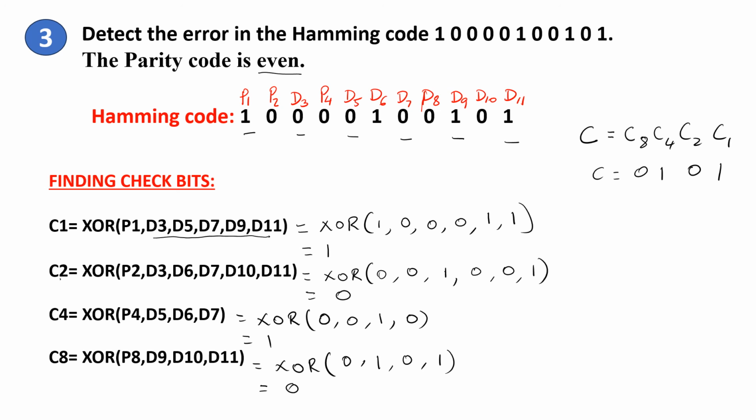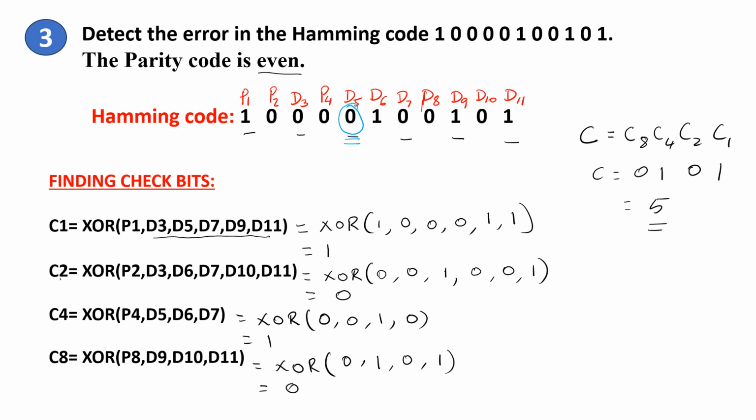The decimal equivalent of this is 5. So that means there is an error in the fifth bit. So this is the fifth bit. So there is the error in this bit.